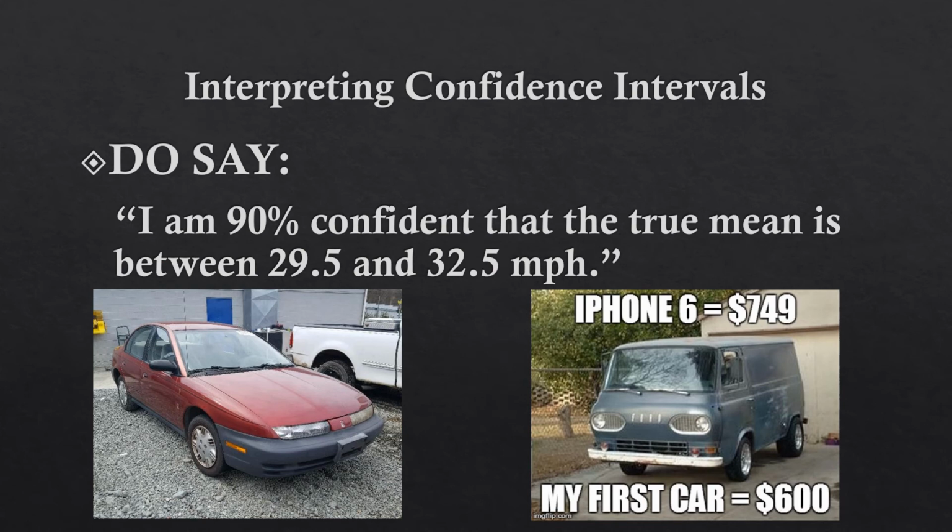What you do want to say when you're interpreting a confidence interval is: we are 90% confident that the true mean speed of all vehicles, again, the population of vehicles, is between 29.5 miles an hour and 32.5 miles per hour. Again, when interpreting a confidence interval, always mention the parameter that you're trying to estimate.